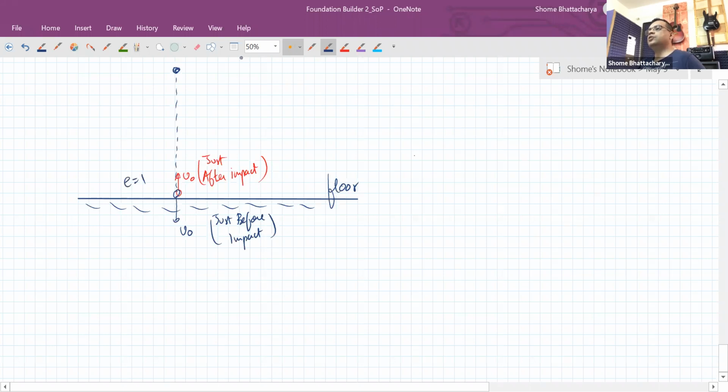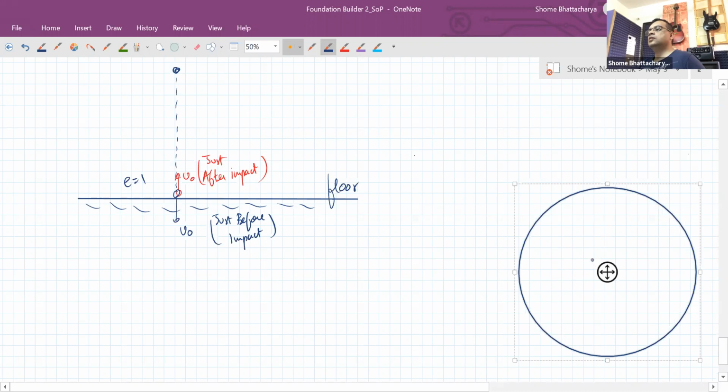provided the collision is perfectly elastic. Okay. So basically what you're saying is that you're treating the floor as if it's part of the Earth's surface. So the mass of the Earth is tending to infinity. And that particle is doing this. So after impact, the Earth remains at rest, but it has negligible velocity.